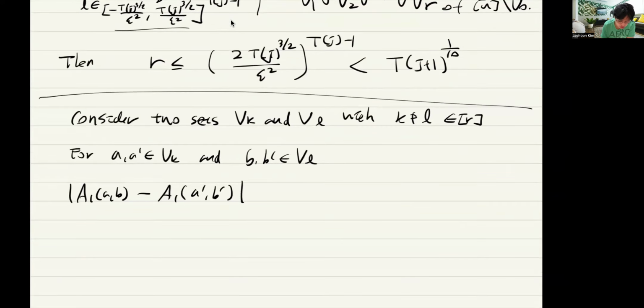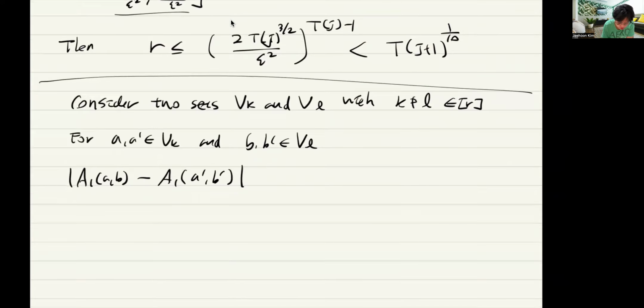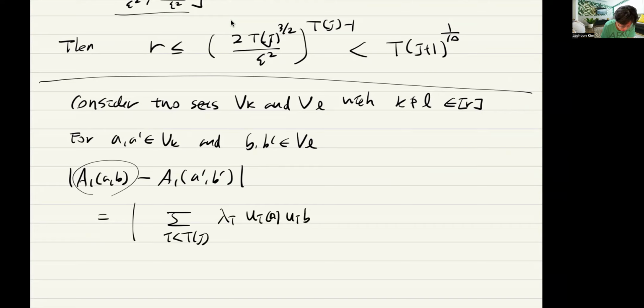We can actually show that this difference is small. Why? Based on the eigenvalue decomposition, you can write this as lambda_i u_i(a) u_i(b) minus lambda_i u_i(a') u_i(b').